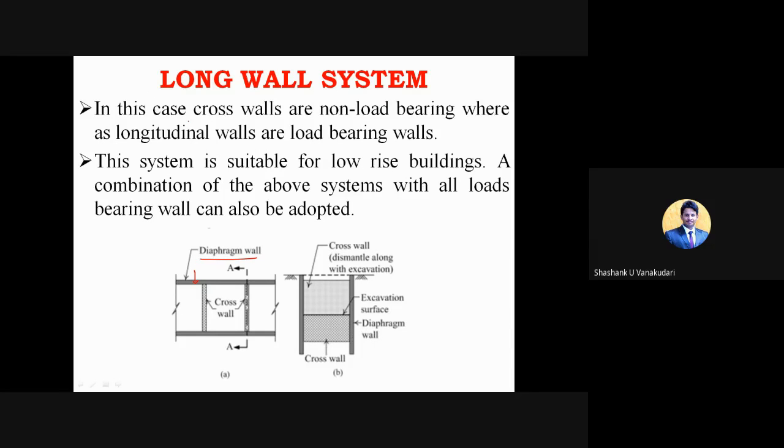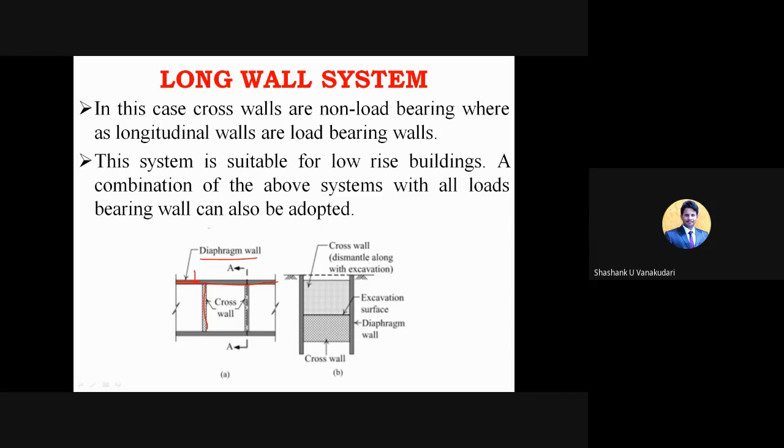Okay. So in this case, the cross walls are the non-load bearing walls, meaning whatever cross walls are provided here are non-load bearing, and the load which comes from the top structures is transferred through this diaphragm wall, or else we can call it a facade wall, or the long wall system. So this is the entire long wall.